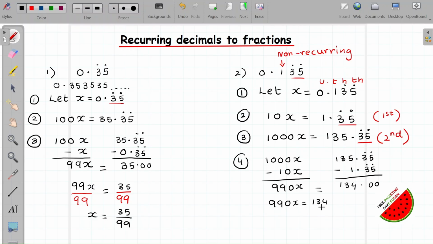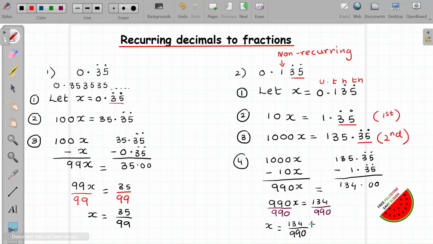Yeah, they will be simplifying. Divide by 990. x will be 134 over 990. And let's see. I cannot divide it by 4.